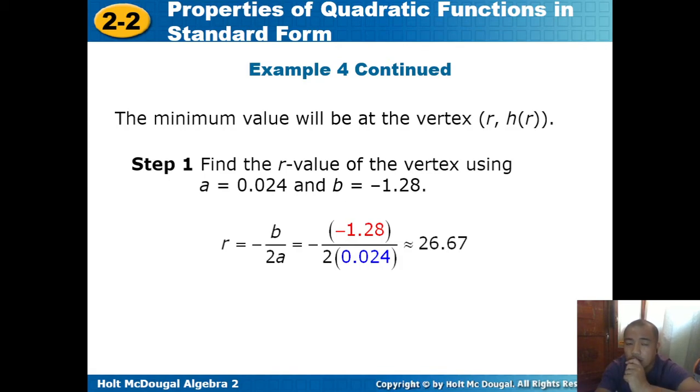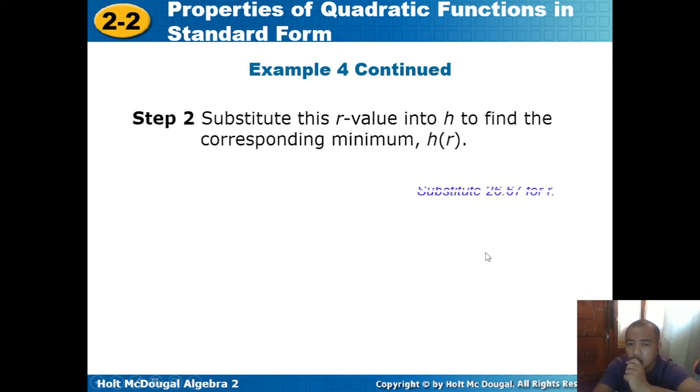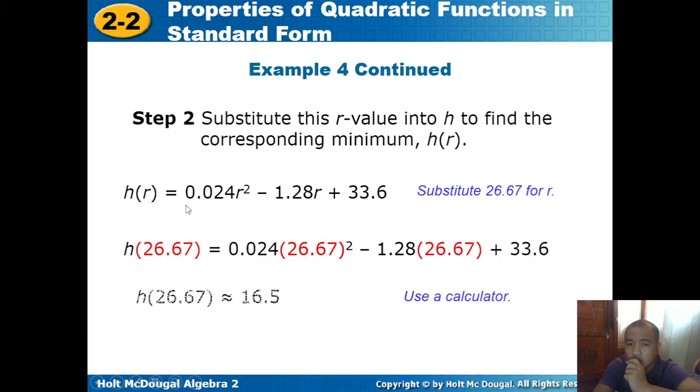Now to solve for the minimum, substitute 26.67 into the original function, h of r. Use your calculator: 0.024 times 26.67 squared minus 1.28 times 26.67 plus 33.6 is 16.5.